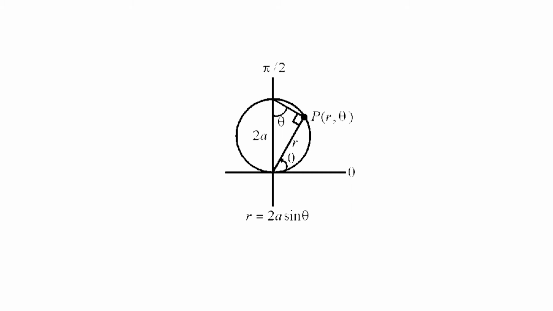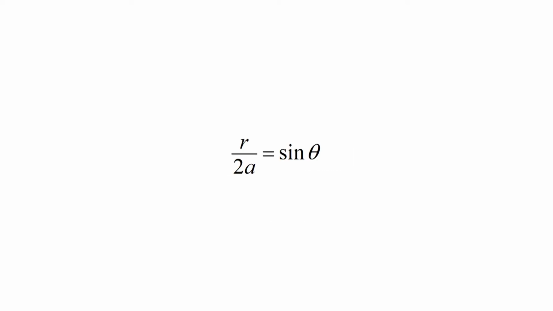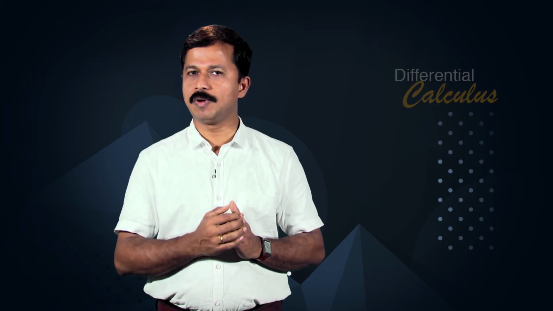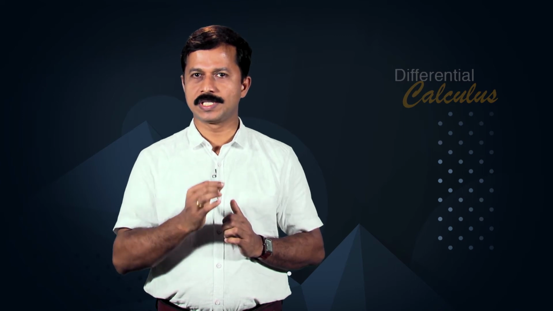Thus, as indicated in the figure, considering all possible right angled triangles with a hypotenuse as diameter having length 2a that lies on the y axis, when theta varies, r also varies with respect to the relation r by 2a equals sin theta. That is, r equals 2a sin theta.